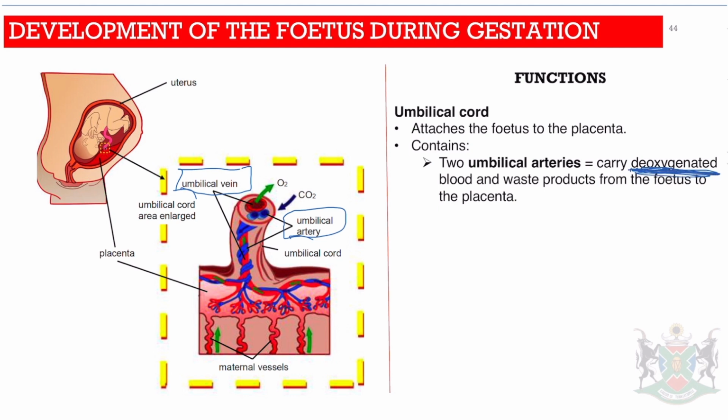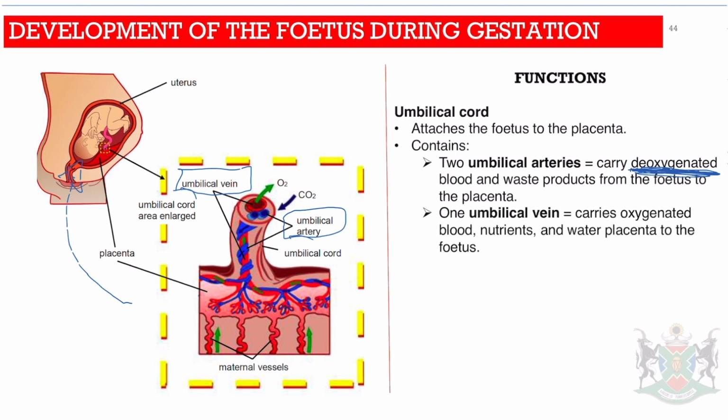Remember, deoxygenated blood is blood deprived of oxygen. And blood deprived of oxygen, that has less oxygen, should never, ever go to the fetus. It must go away because it has high concentrations of carbon dioxide and low concentrations of oxygen.